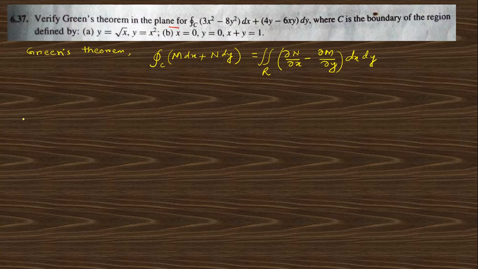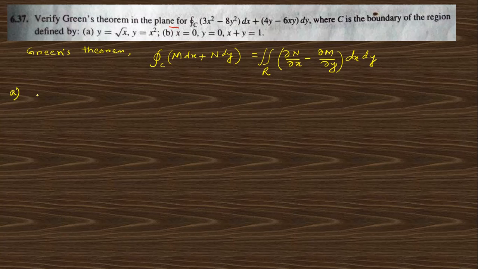Green's theorem says that the contour integration of M dx plus N dy, where M and N are functions of x and y, is the surface integration of del N by del x minus del M by del y dx dy. This is Green's theorem, you all know that.